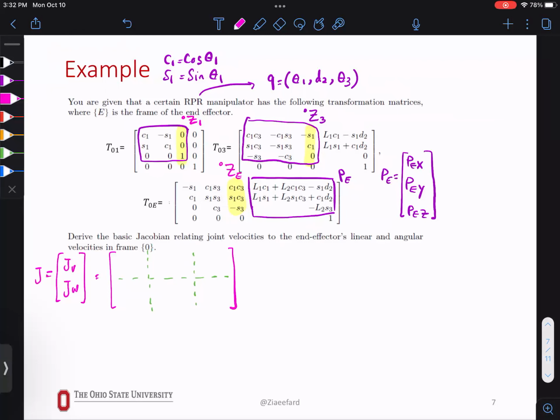Z01, right? So I'm going to write Z01, but you know that we have 001. So we already have that information. Z1 as seen in frame 0, in the base frame, because this is our base Jacobian. What is the axis of rotation for your second joint? 0. Why? It's a prismatic joint. All right. Easy.